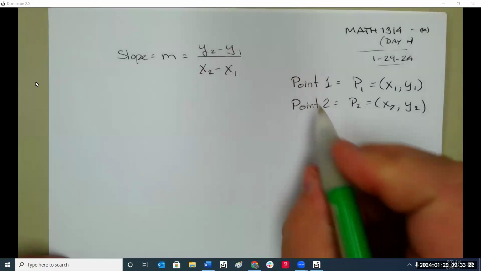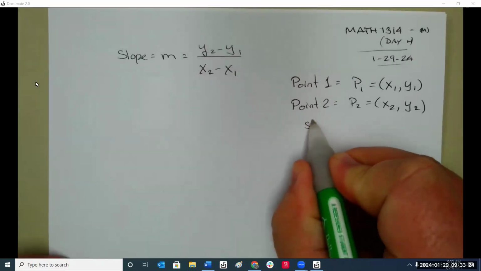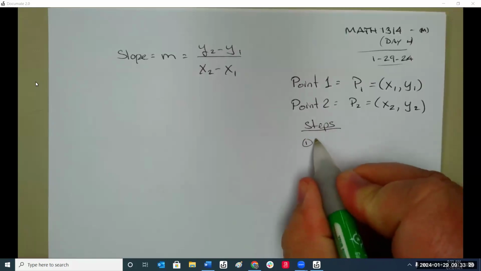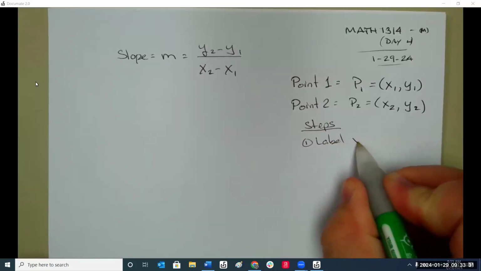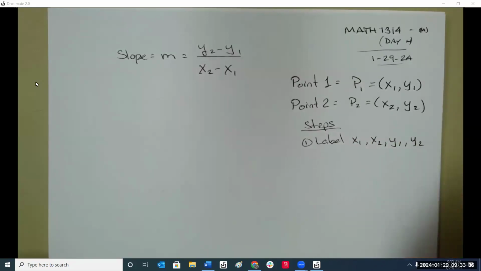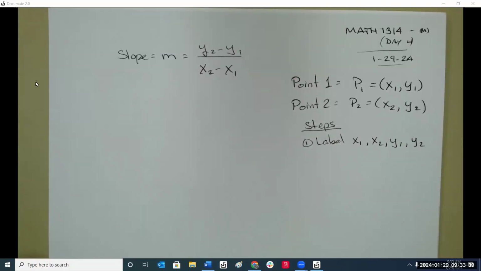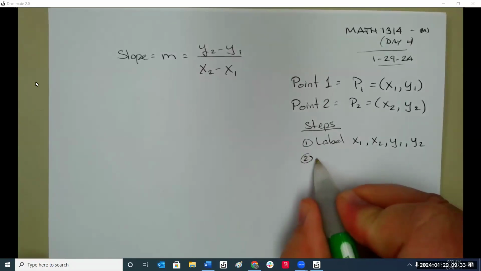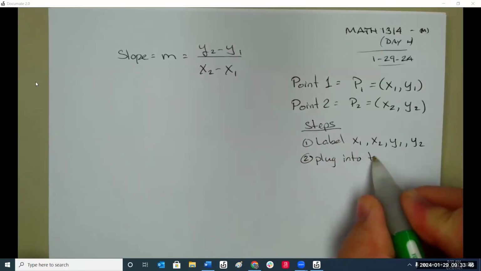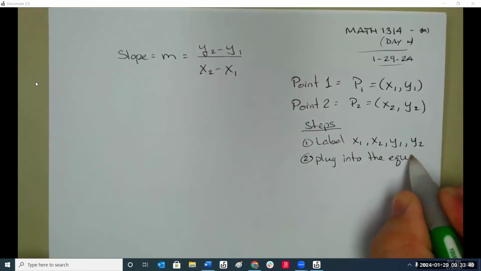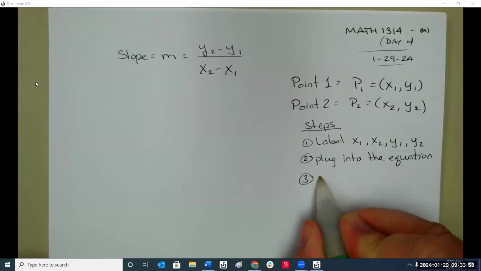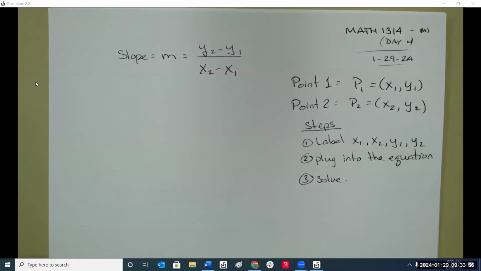So our steps of finding all these equations: label x1, x2, y1, y2, and plug them into the equation and then solve.